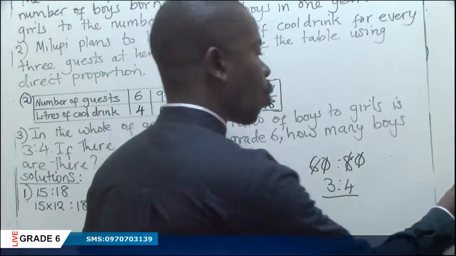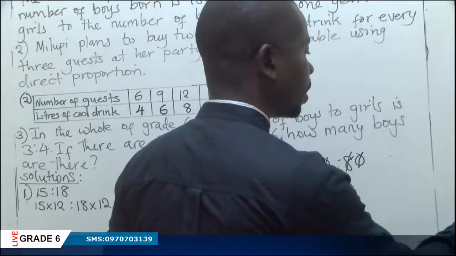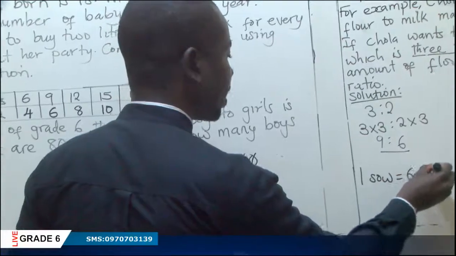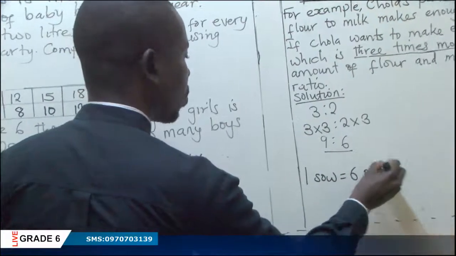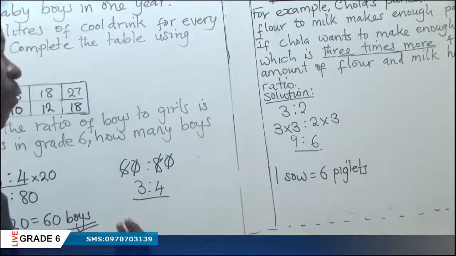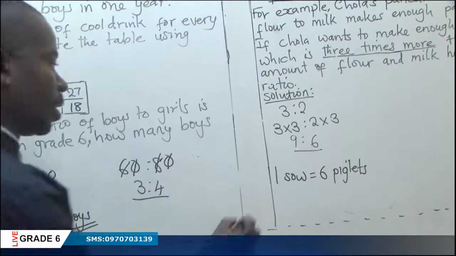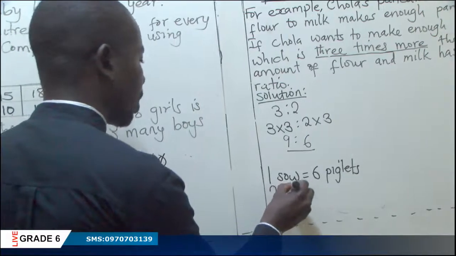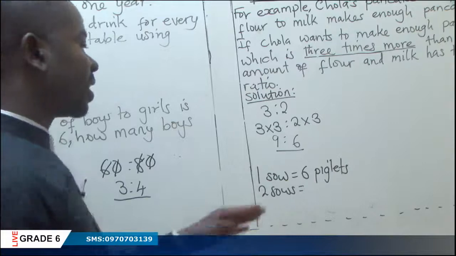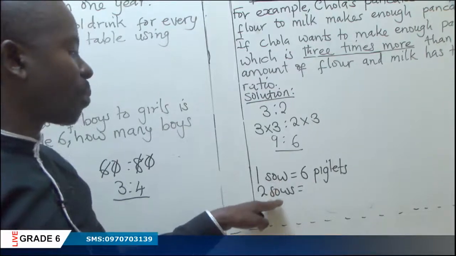I said 1 sow is equal to how many piglets? 6 piglets. Now, for example, if there are 2 sows, what are we going to do for us to find the answer? It means that this is direct proportion.